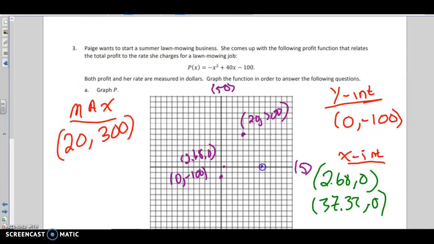About right there. And if you want to be super symmetrical, 40, -100. This allows me to fill out my graph of my parabola.